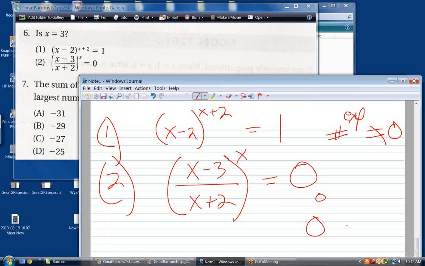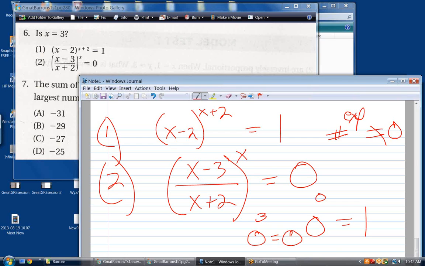Yeah. 0 to the 3rd power actually is equal to 0. It's kind of odd that 0 to the 1 power is 0, 0 to the 2 power is 0, but 0 to the 0 power is 1. That's a strange mathematical thing, called the indeterminate 0 to the 0.